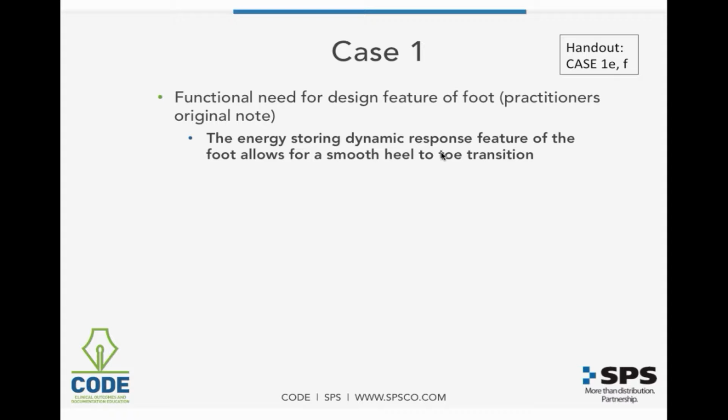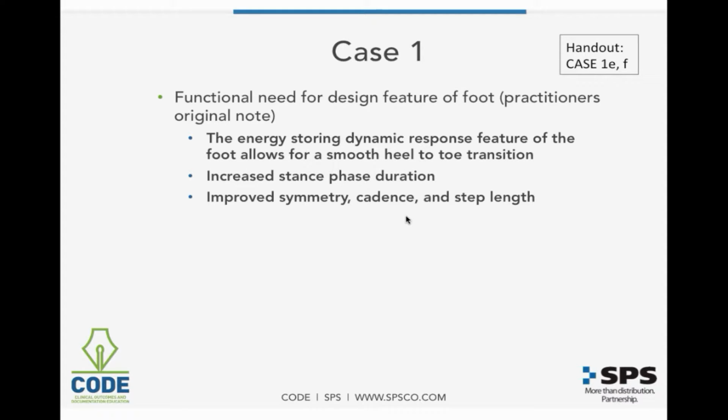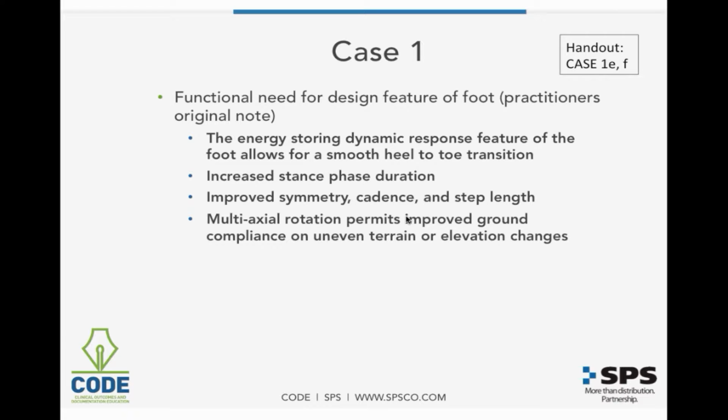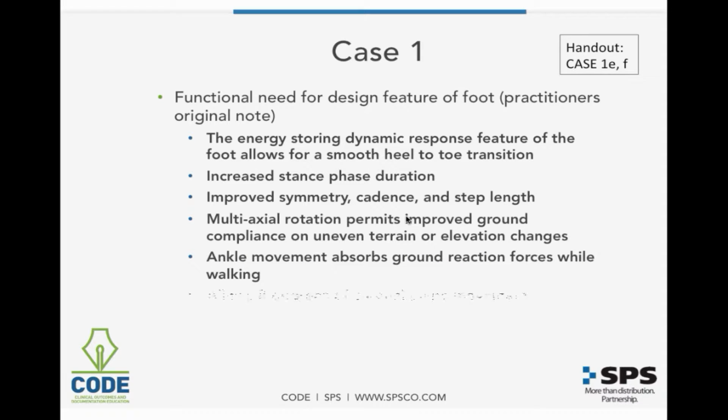The practitioner writes that the foot is an energy storing dynamic response foot, that allows for a smooth heel-toe transition, increased stance phase duration, improved symmetry, etc. And it has multi-axial rotation that permits improved ground compliance, blah, blah, blah. Ankle movement that absorbs ground reaction forces while walking, and that this foot allows 8 degrees of coronal plane movement. So that was the justification for this patient for this foot.